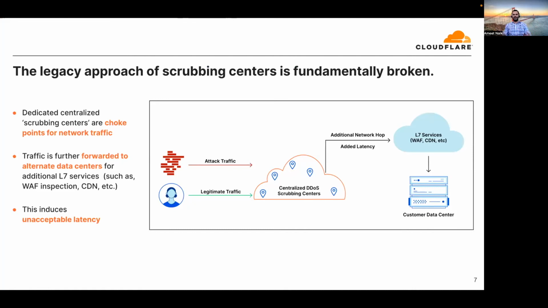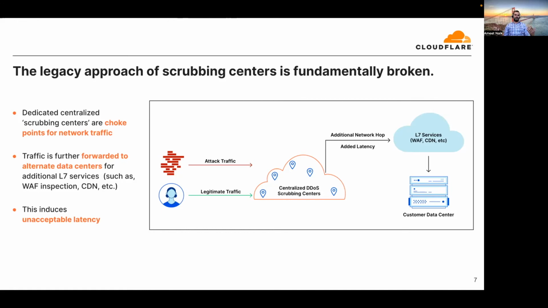Then we moved to an appliance world, where there were dedicated appliances that could process, analyze, and stop traffic at wire speed. But then DDoS attacks got bigger and bigger and more volumetric in nature. So we started doing things in the cloud, and in order to do that, we built scrubbing centers, dedicated data centers that are able to process large amounts of traffic, analyze traffic, and stop DDoS attacks.